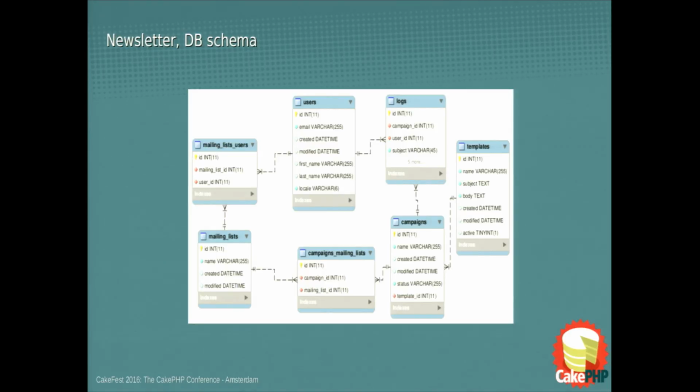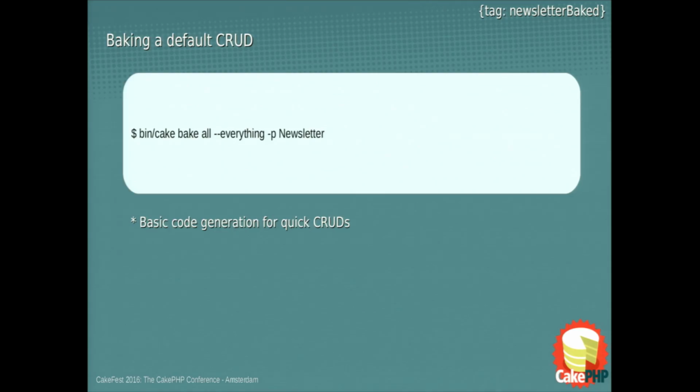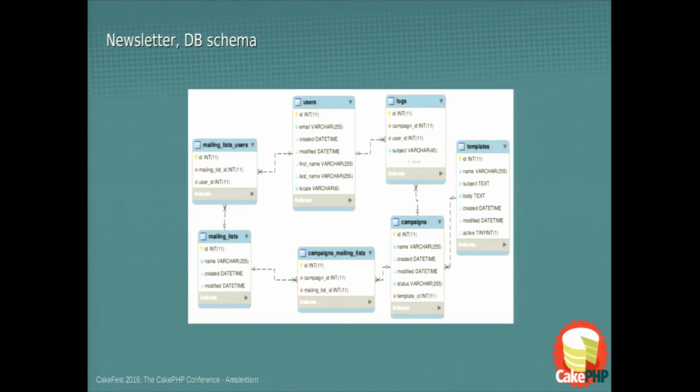Okay? So a user can be subscribed to many mailing lists, and each mailing list could be associated with many campaigns. So I can create a campaign that will send emails to 3 different mailing lists, and each mailing list will have any amount of users.